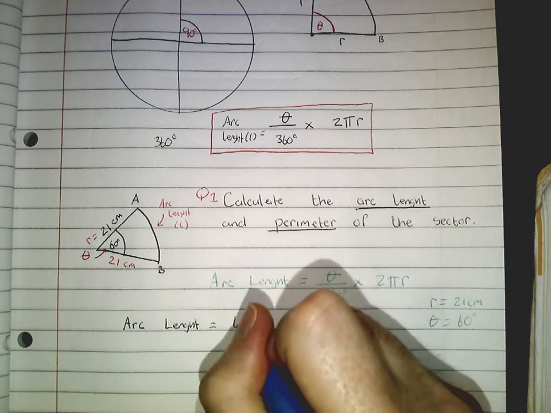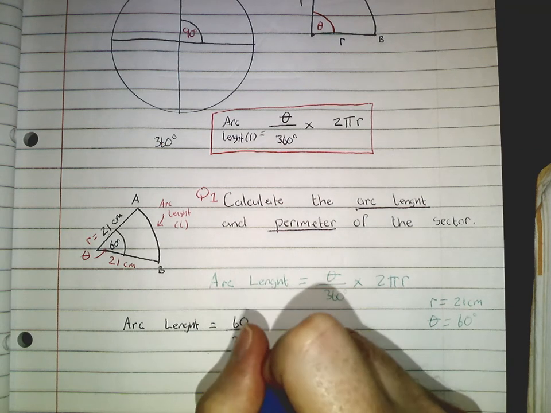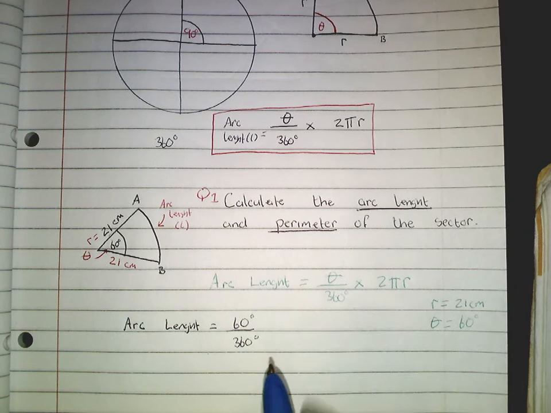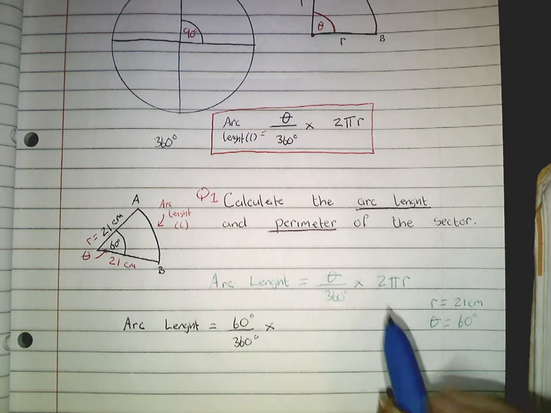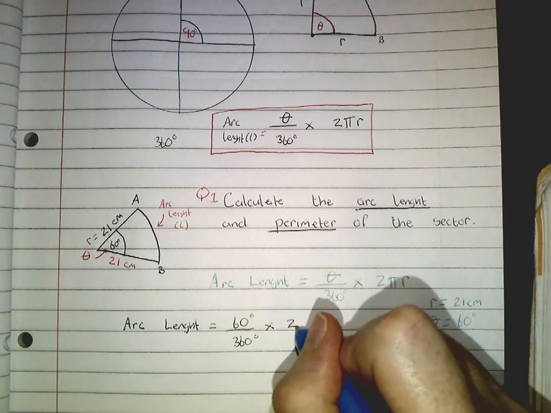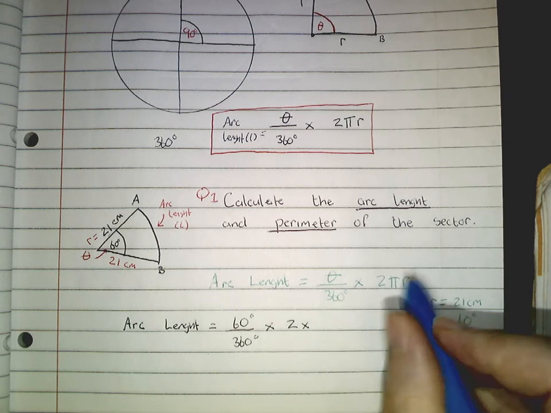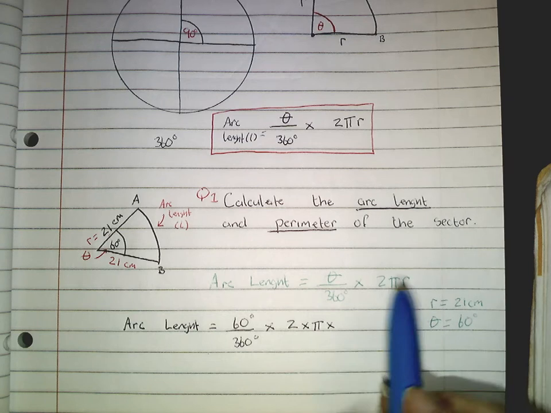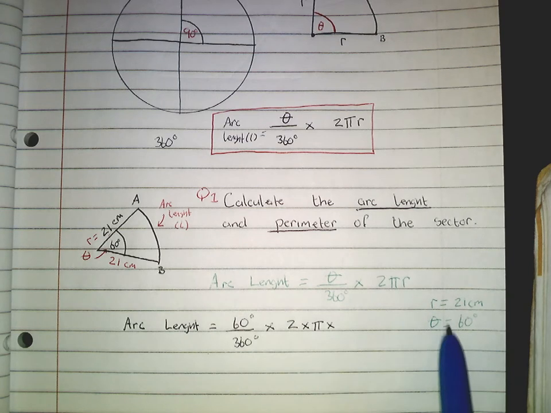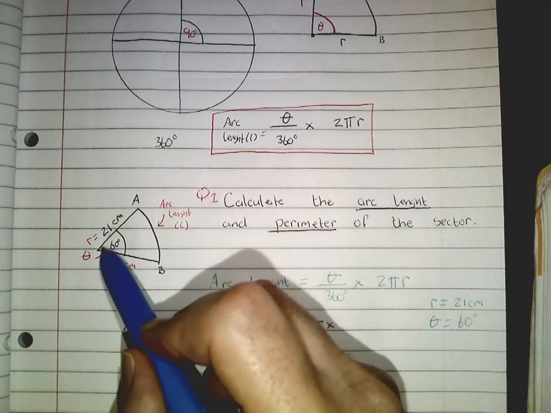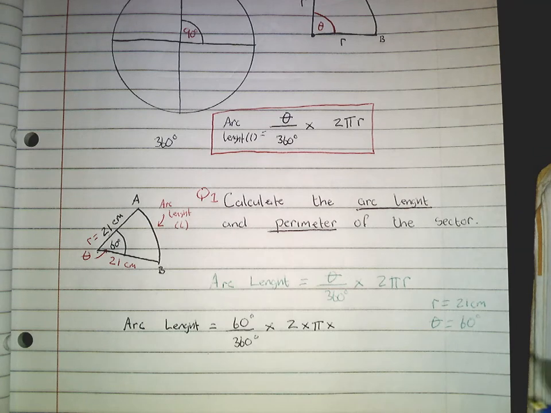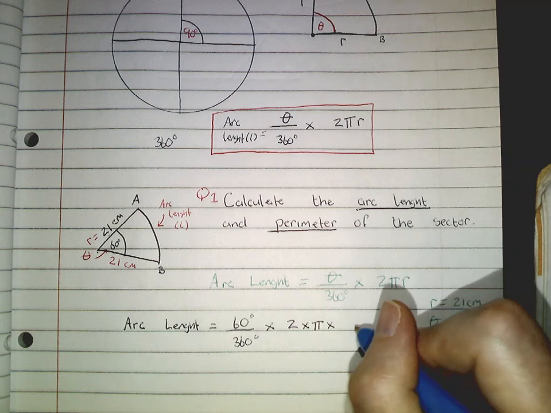So it's going to be 60 over 360, so 60 degrees over 360, multiplied by 2, multiplied by pi, multiplied by the radius. And the radius, as we see here, is 21 centimeters. So this is the radius from here to here, equal to 21 centimeters.